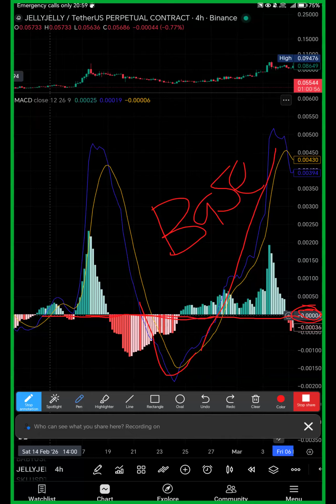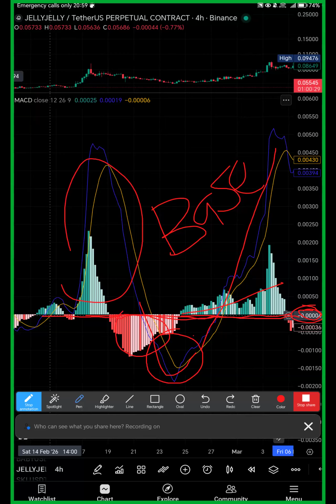Are you able to see that at times the two lines will be moving above the baseline? At times the two lines will be crossing each other below the baseline. And these bars called histograms also grow above the base or below the baseline, which is the zero line.